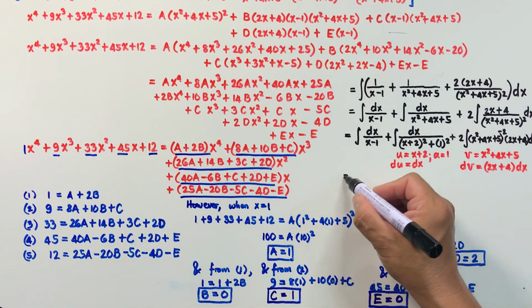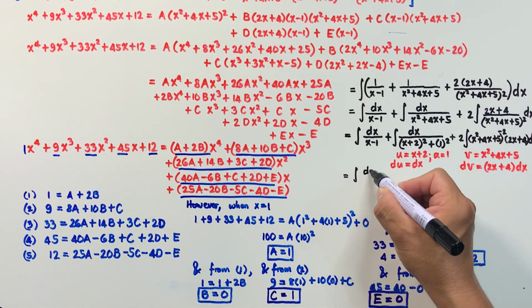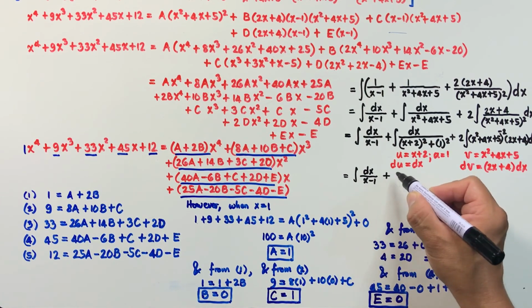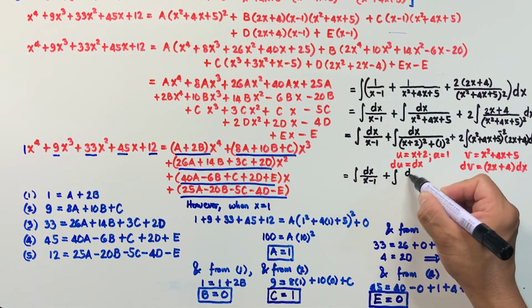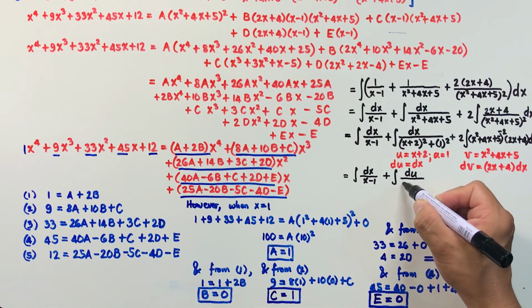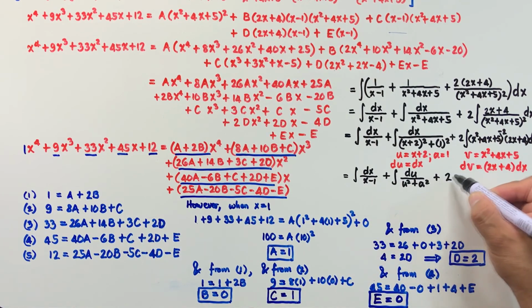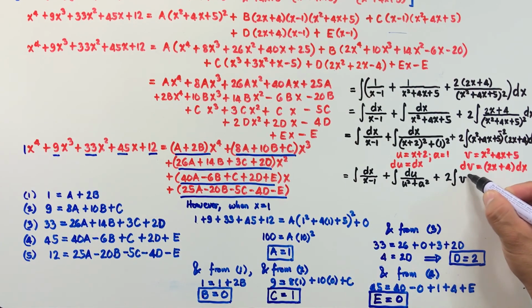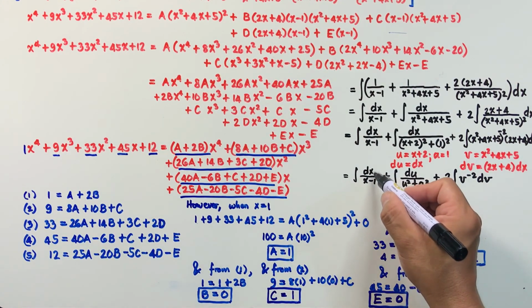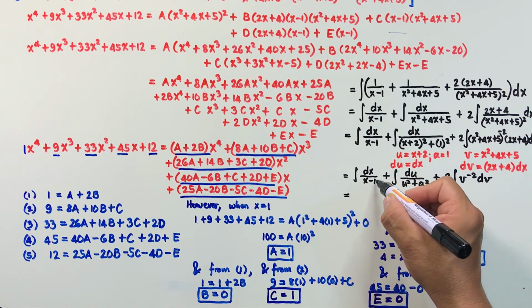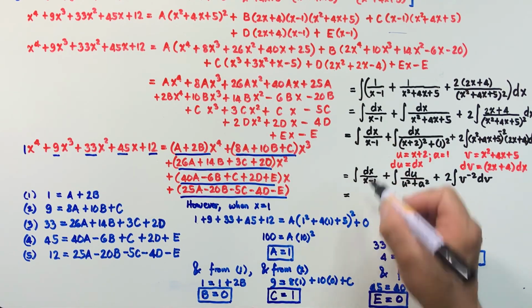So by substitution, we have the integral of dx over x minus 1 plus the integral of du over u squared plus a squared plus 2 times the integral of v to the power negative 2 dv. The integral of dx over x minus 1, when you get the derivative of x minus 1, is dx.